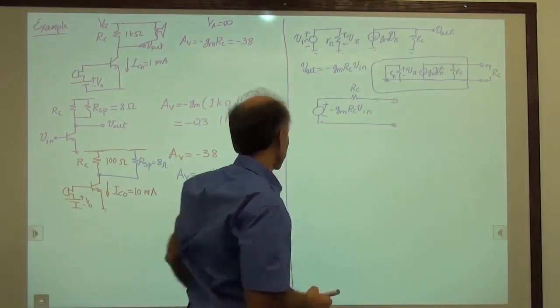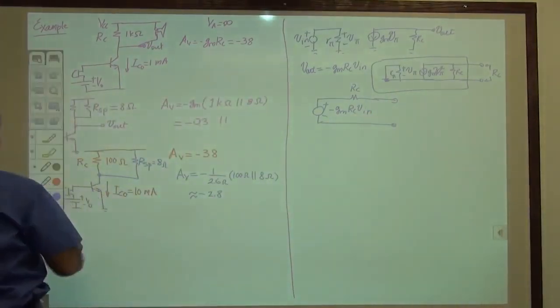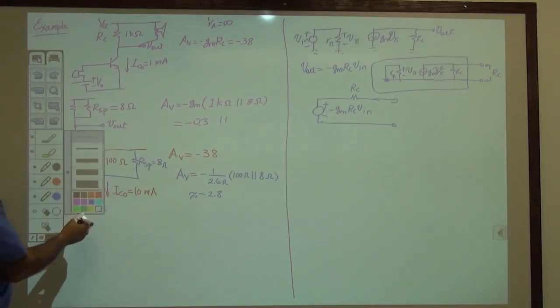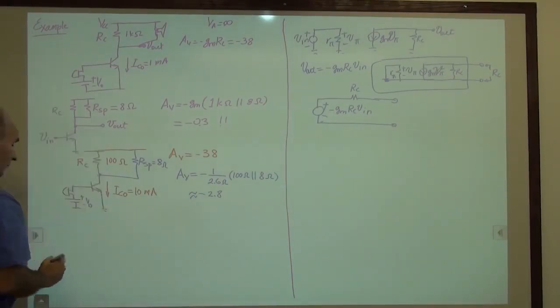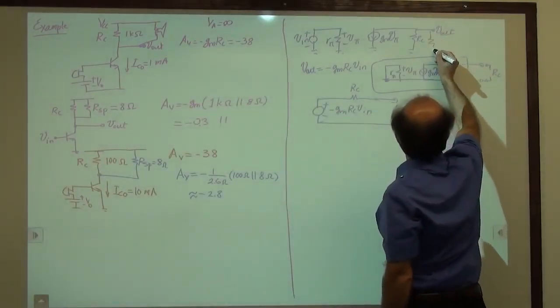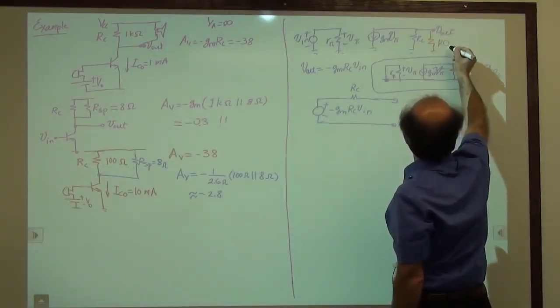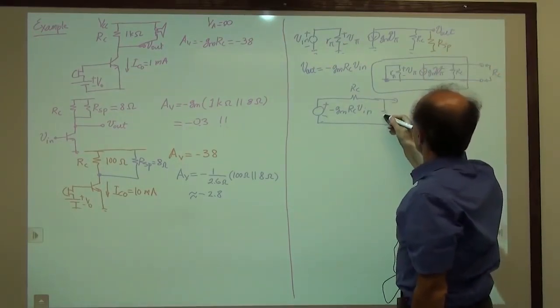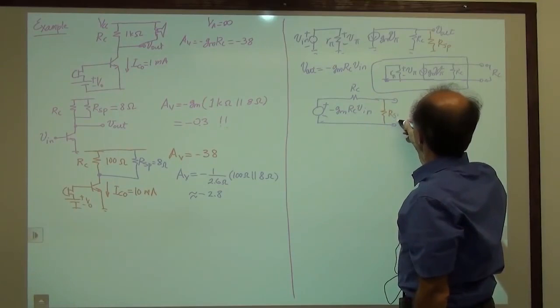Between here and AC ground. So let me draw it in a new color so that we can distinguish. So here's what we have. A speaker would appear right here, RSP, and it appears here, RSP.